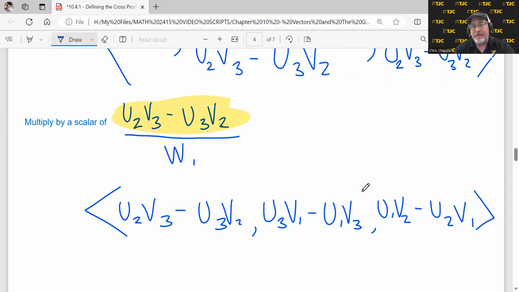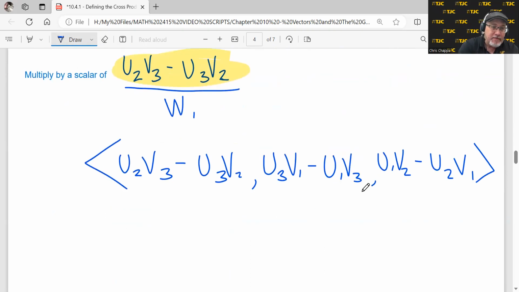So is this the definition of cross product? Yes, it is. So U cross V is this. Now, this formula looks like a pain to memorize.